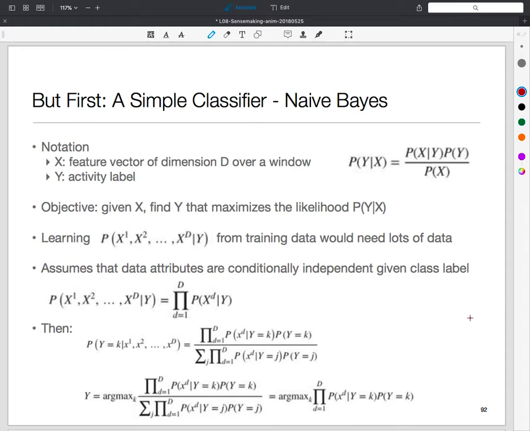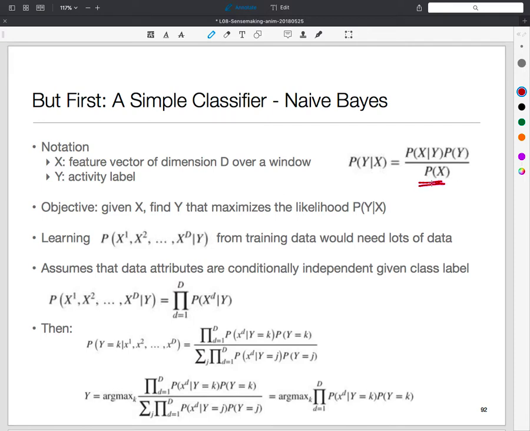Plugging it back in here, it basically says the probability that y equals k given x, except that x now is this whole vector, can be viewed as the numerator being the product of P(xd given y equals k), times P(y equals k), over a summation. P of x can be viewed as a summation over all possible y's, right? I can always take the probability of x as the probability of x given y equals 1 times the probability of y equals 1, plus and so on.